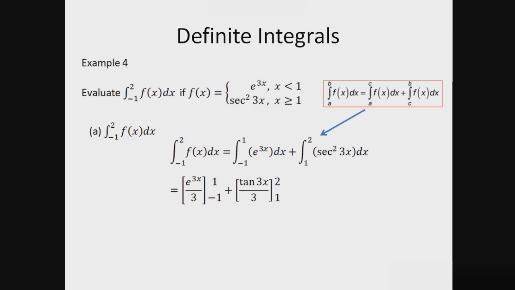Substituting everything, we get the final answer: 1/3 (e^3 minus e^(-3)) plus 1/3 (tan 6 minus tan 3).